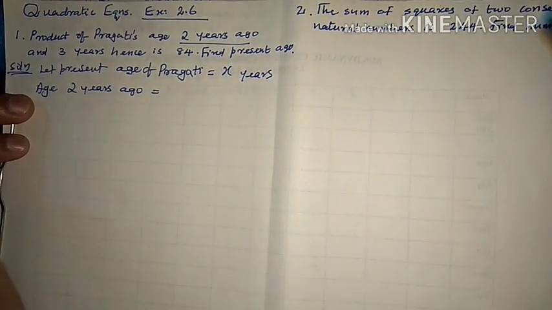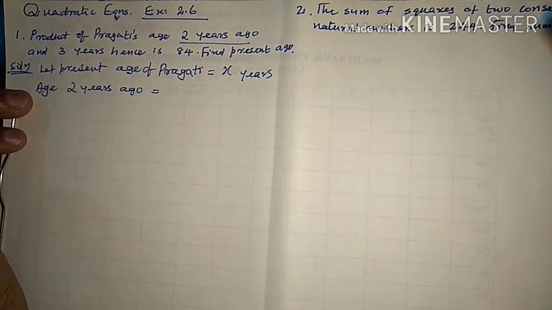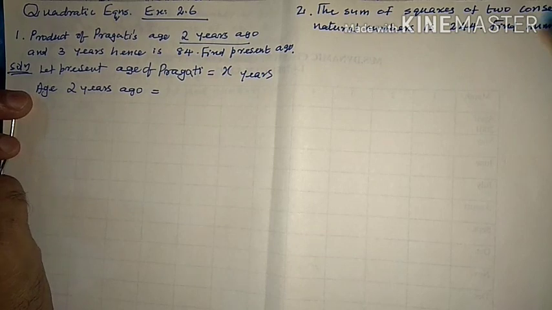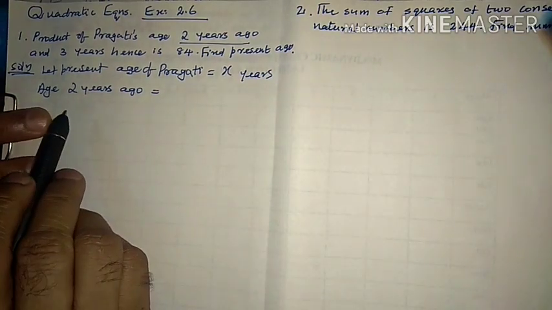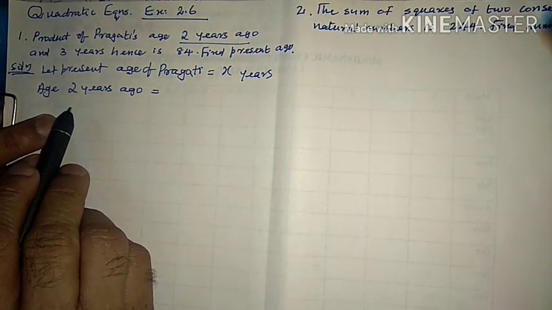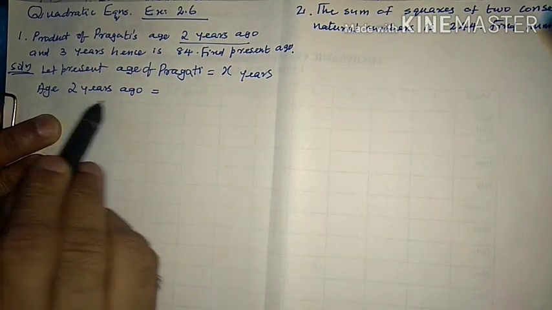Suppose your age is 10 years now. 2 years ago your age was present age 10 minus 2 years, that is 8 years. Like that here, present age minus the difference, that is the age at that time, we will get.